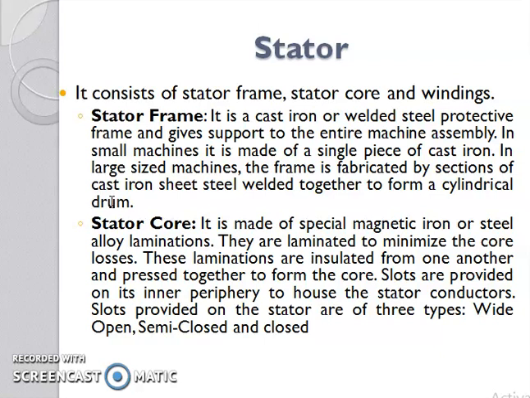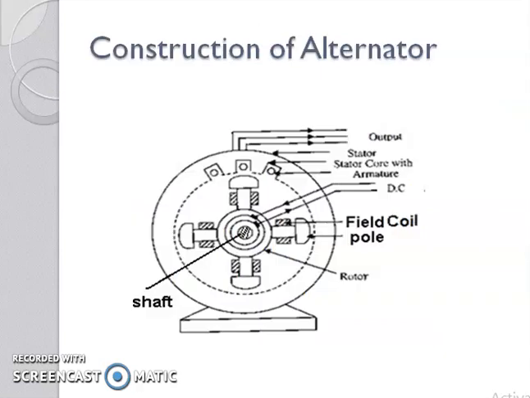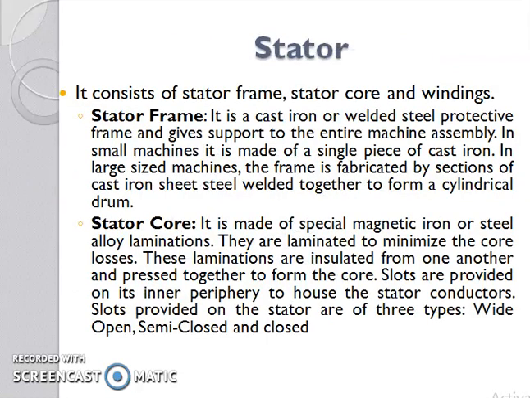So when the independent laminations are pressed together, separated by insulating material, that forms the core. Usually the slots are provided on its inner periphery to house the stator conductors, as shown here. This is the stator core part, where the stator conductors are situated.